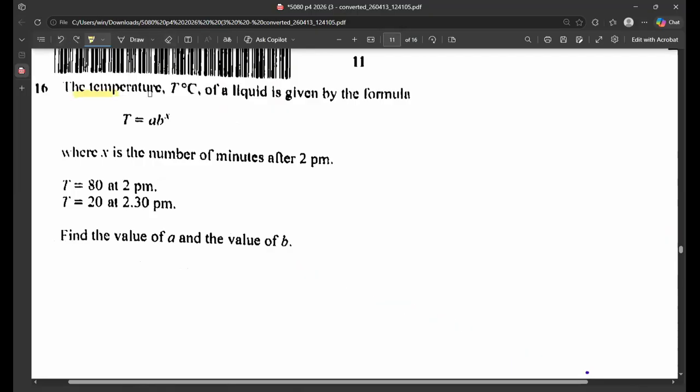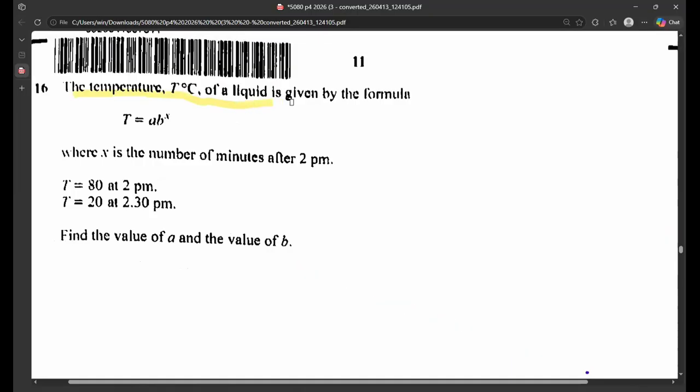The temperature T of a liquid is given by the formula T equals A times B to the power of X. The temperature was 80 at 2 p.m., and T is 20 at 2:30. Find the value of A and the value of B, so we can solve it here.